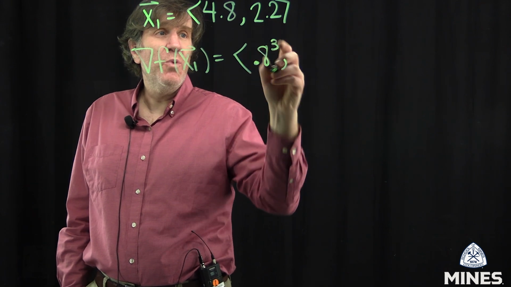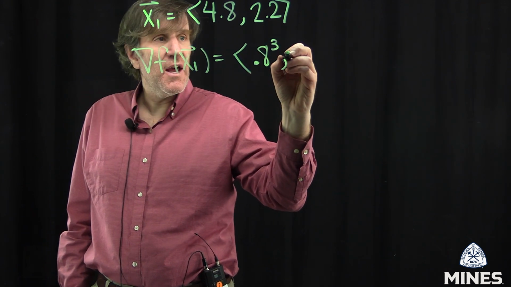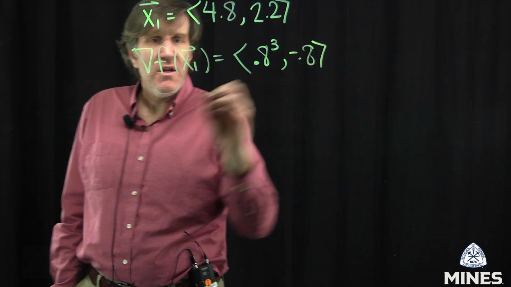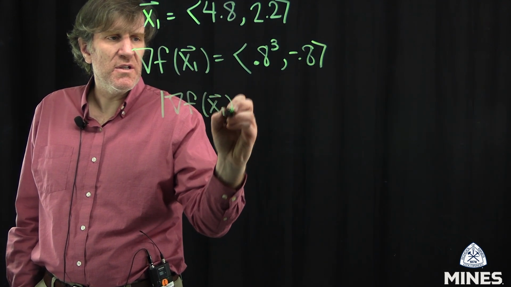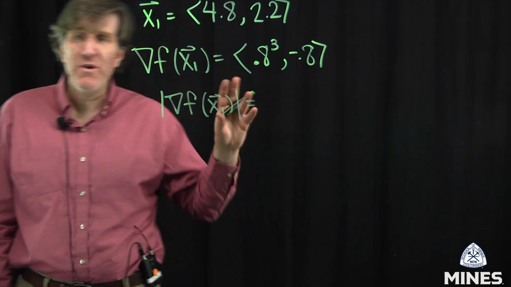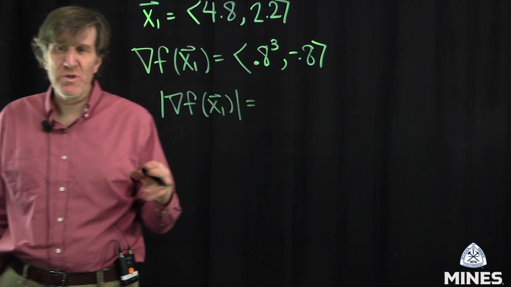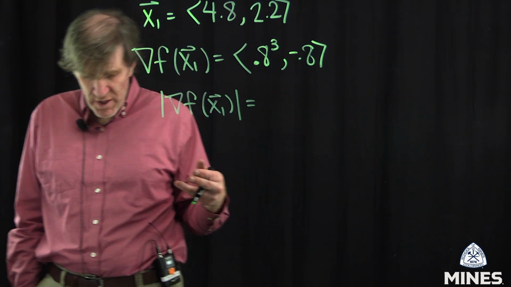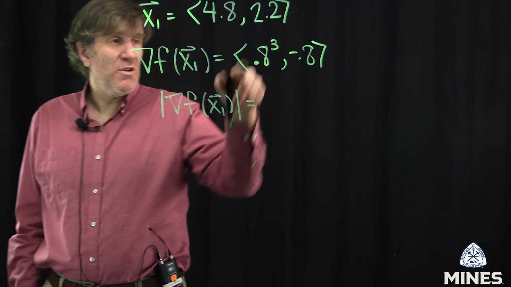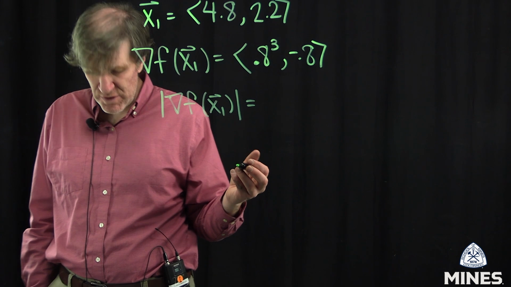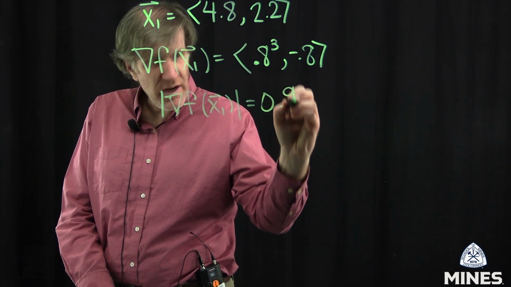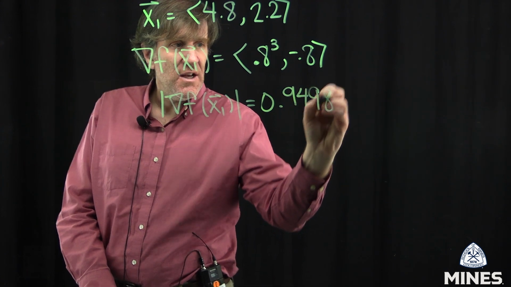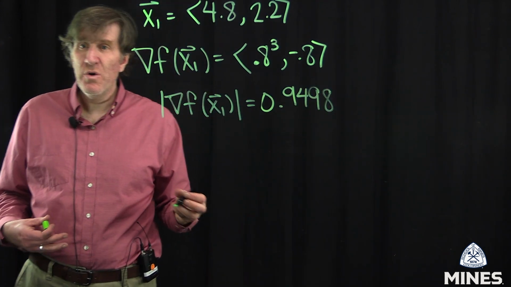So 2.2 minus 3 is negative 0.8. The magnitude of the gradient at this point is what we use to decide if we've hit the bottom, if we've hit our minimum, if we're done, or if we need to keep going. So in this case, we know how to compute the magnitude of the vector. So I've gone ahead and computed it. It comes out to be 0.9498. This is not close to 0, so we keep going.